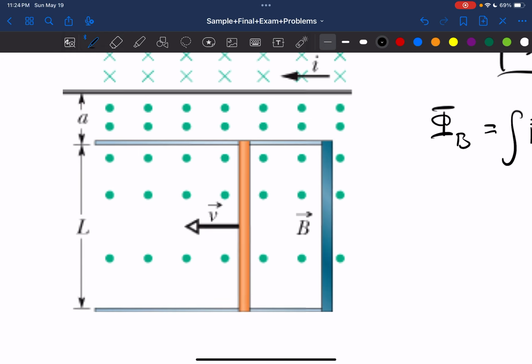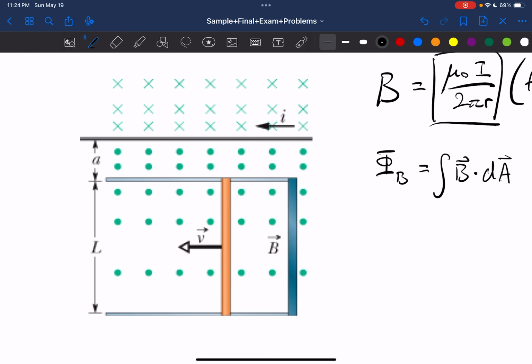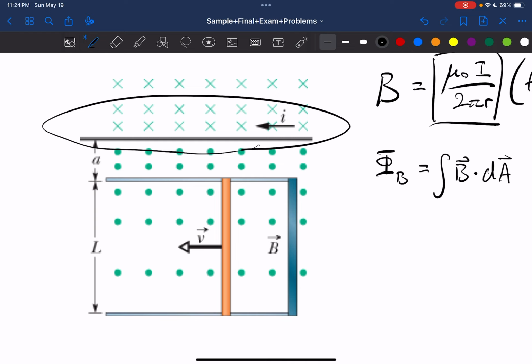Now we can see that current I right here, moving to the left, is carrying the current through the wire. And now we can see that the distance from the wire itself all the way down to the bottom of L is going to be L plus A.